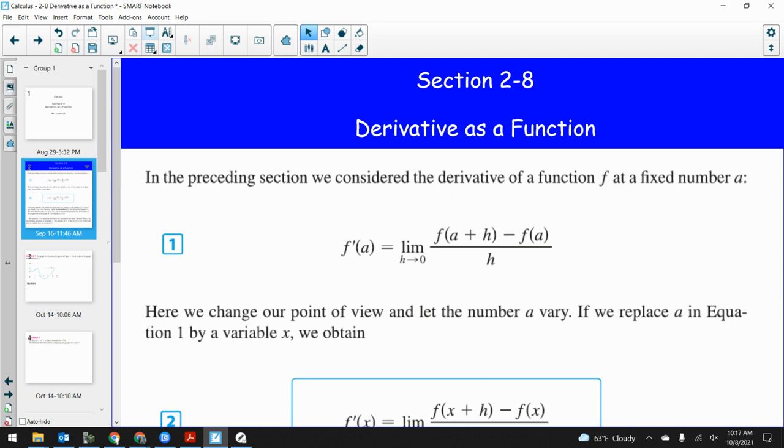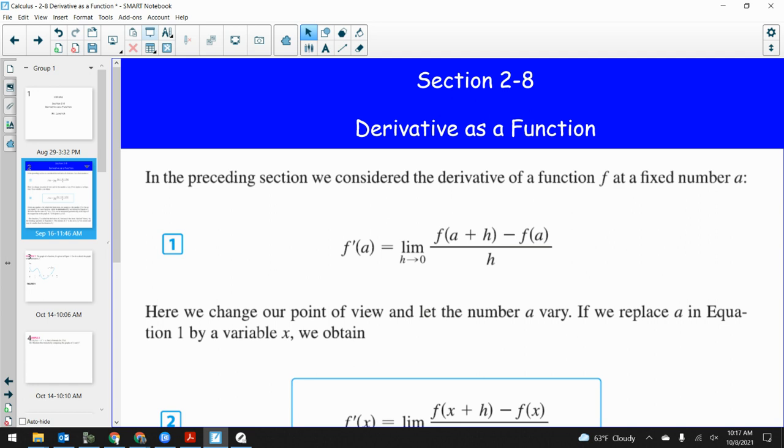Defining derivative as a function. So what we're looking at today, again, let me repeat that. We're going to be given functions, both graphically and as the equation. And we're going to be looking at that equation and saying, okay, what is the derivative? Meaning, at any point on the graph, what is the slope?